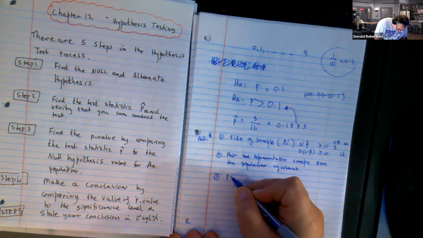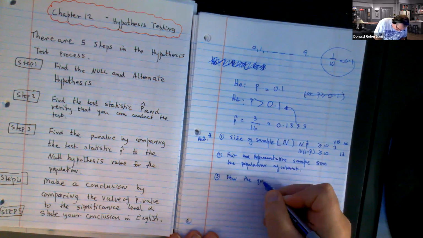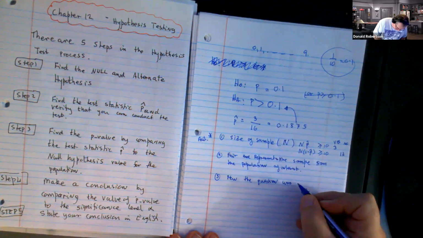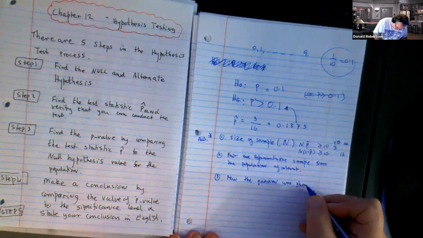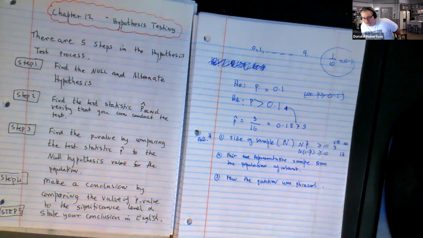How you asked the question. In other words, how this one was phrased. Now, I just asked you to pick a random number. And I did say, don't pay attention to what happened before.